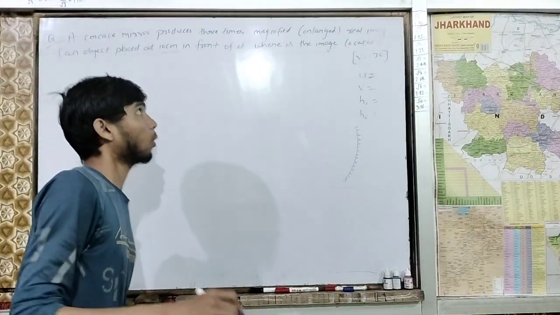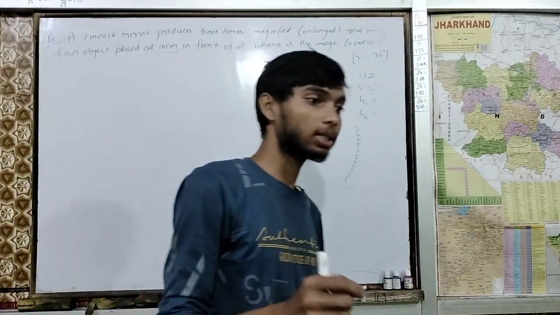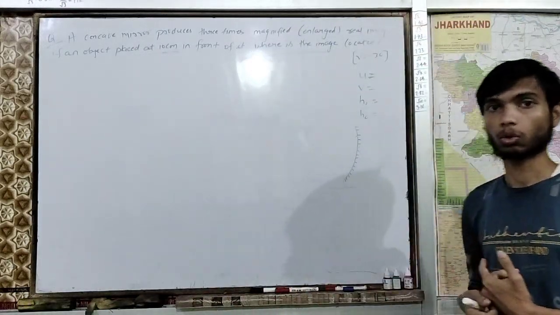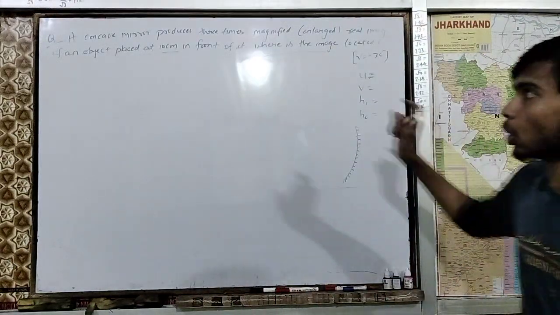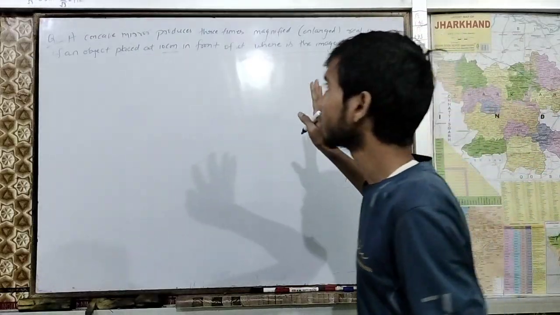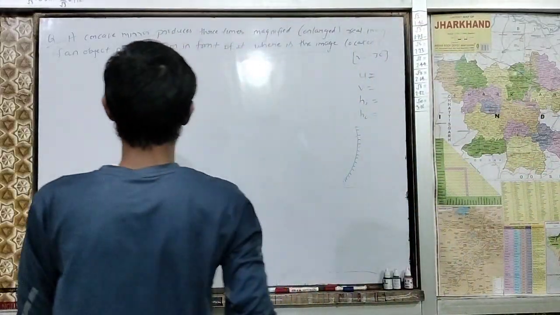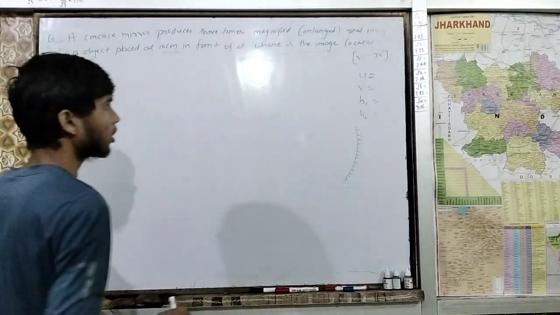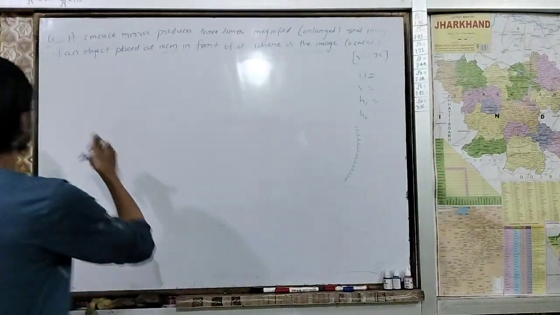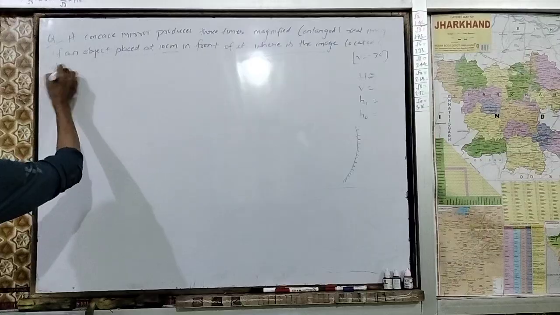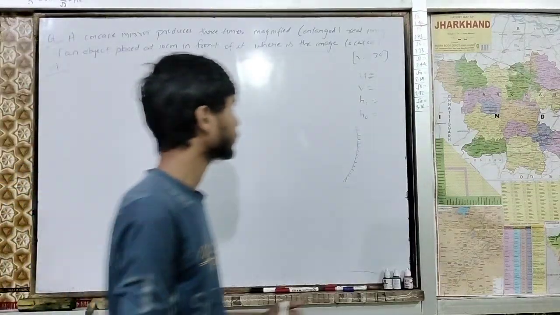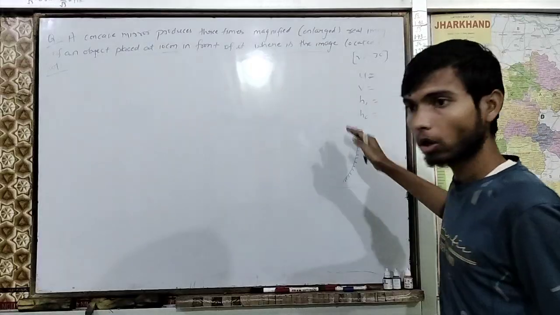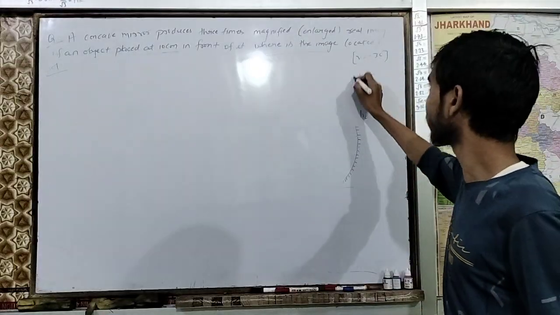It is asking what the distance will be to locate the image, where the object is placed 10 centimeter in front of a concave mirror. So here, remember, according to distance, not according to height, we will take this.